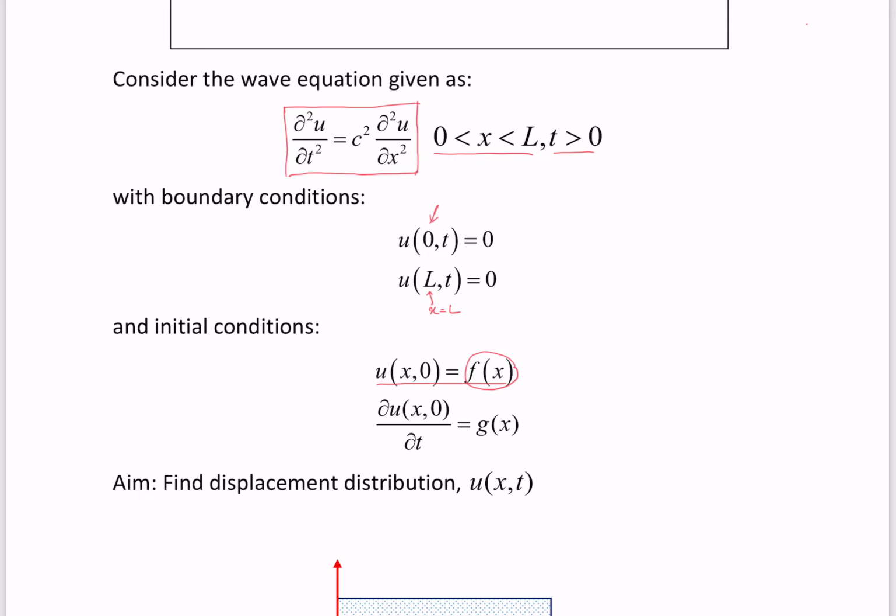And the second initial condition, again, of course, it must be at t equal to 0, we have partial u partial t is equal to another function in terms of x, where we represent it as g(x) in general. And our aim is to find the displacement distribution, which is u.